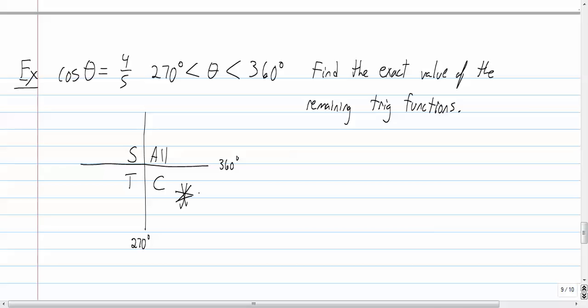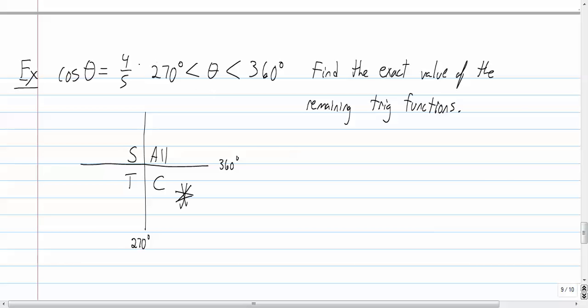So regardless of what technique we use to work this problem, the secant needs to be positive and all other trig functions need to give us negative answers. Okay?